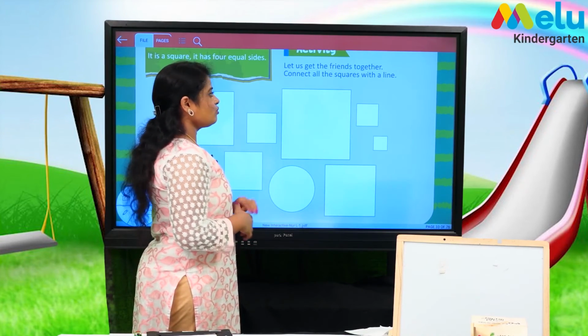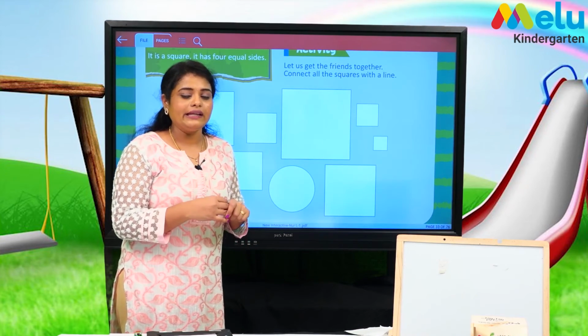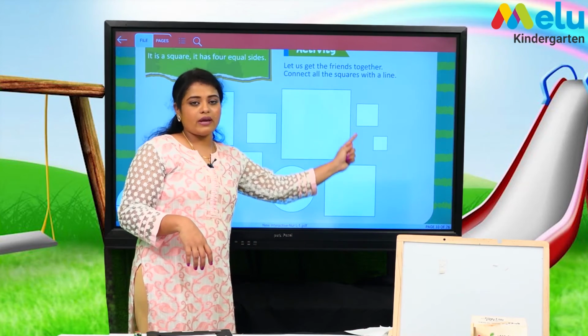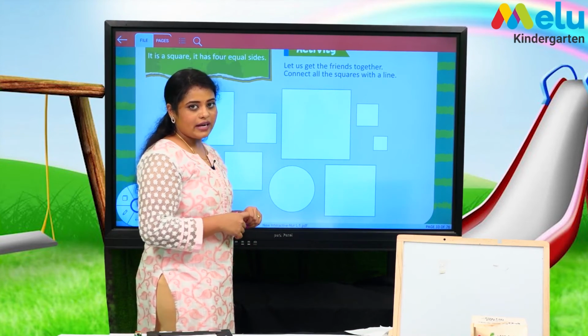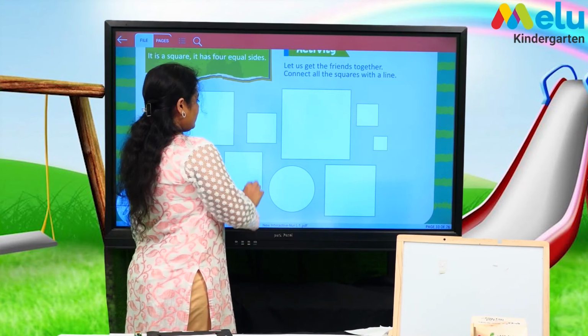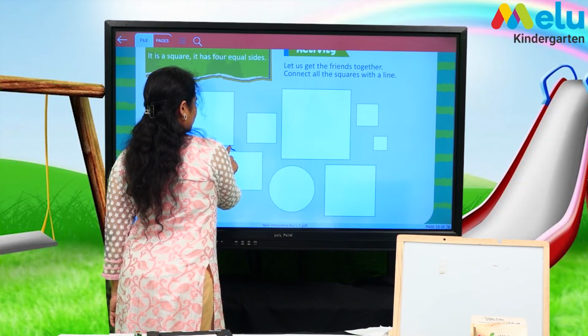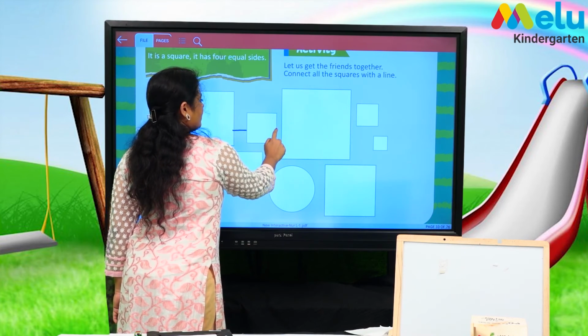Now we need to connect all the squares with a line. Yes children, what we need to do? We need to connect all the squares with a line. I'll show you how to do it. This is a square, right? Connect this square to here, and these two.